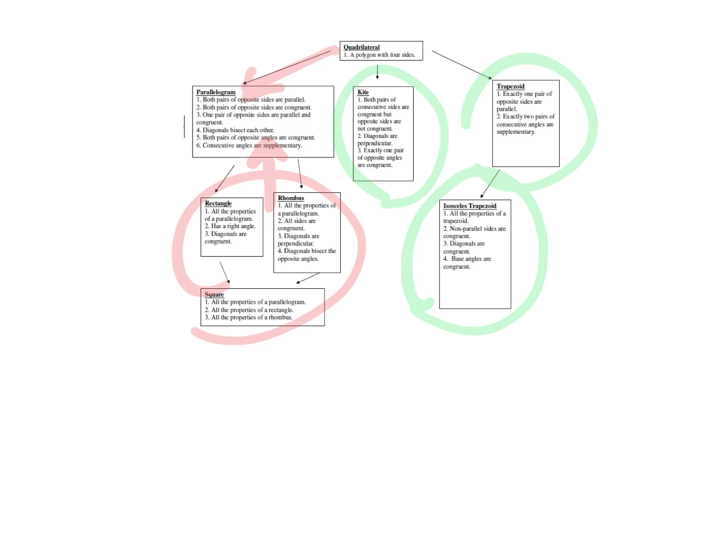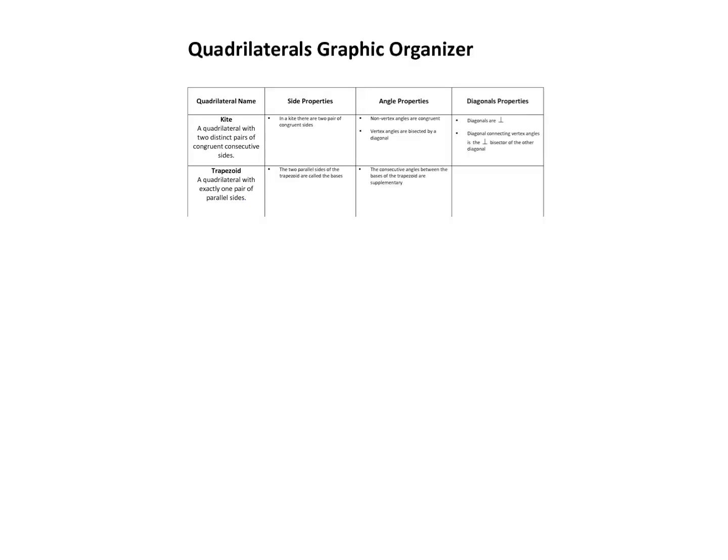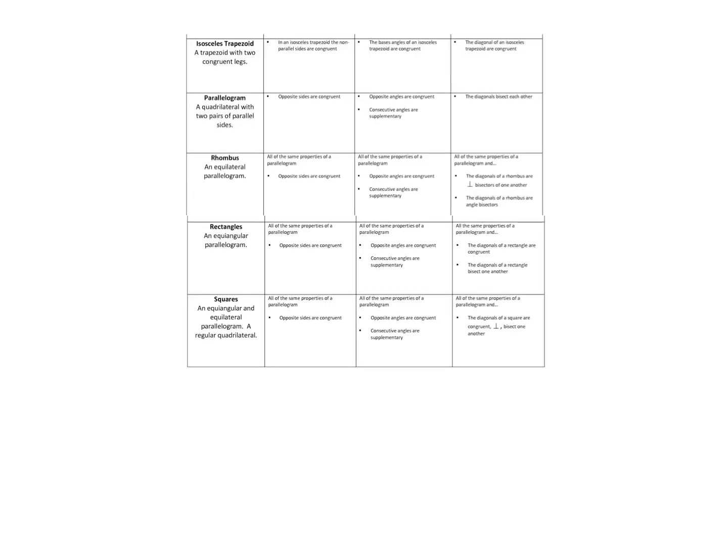They're a separate branch. Again, the more times you see this over and over again, the more permanent all of these properties will become. Then the next slides are just in table form, again just listing all the information again.